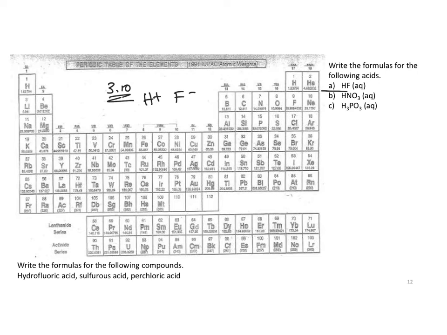So how do you name acids? Well, if it's just 2 elements, we call that binary. So if you just have 2 elements, then you always do hydrofluoric acid.